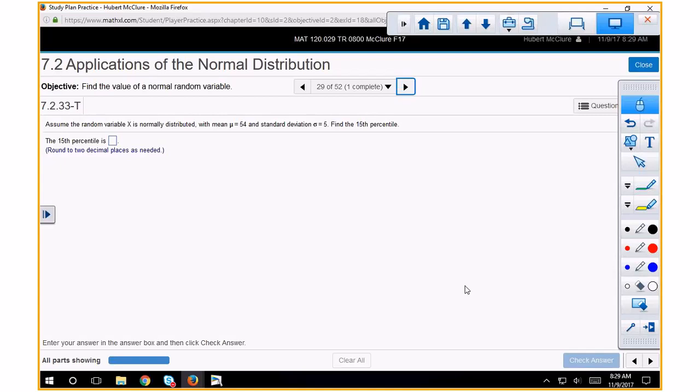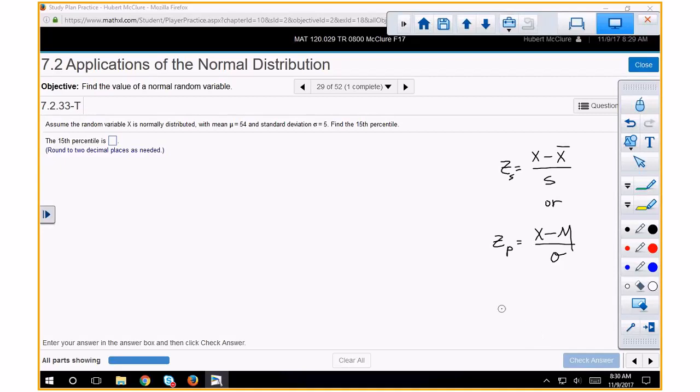Remember, there's two formulas in this section of 7.2. There's z is equal to x minus x bar over standard deviation, or x minus μ over standard deviation, x minus μ over σ. So that's for the population, that's for the sample, but it doesn't matter, it's the same formula.